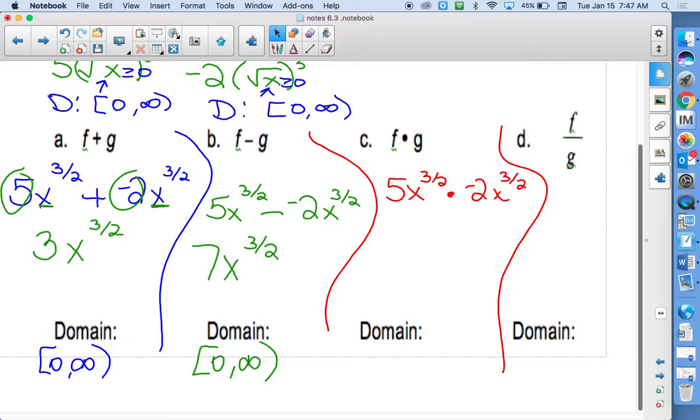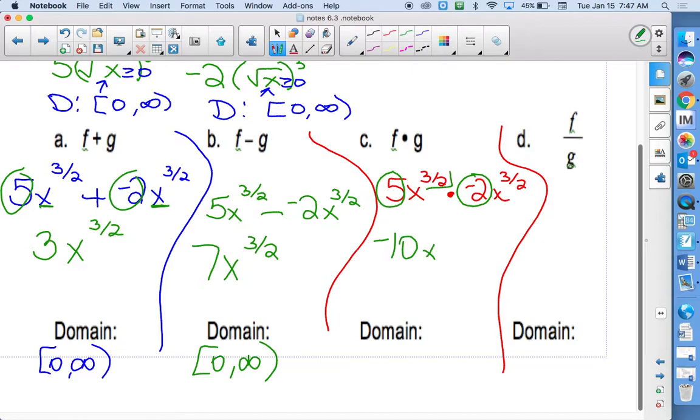Mackenzie Myers, what are you doing when you're multiplying them together? Yeah, so you're multiplying those coefficients. So that's a negative 10. And then you're adding the exponents. When the base is the same and you're multiplying, you add the exponents together. So Mackenzie, if you have 3 halves plus 3 halves, what power does that make?